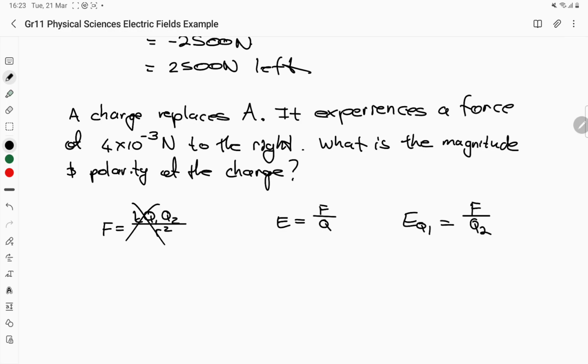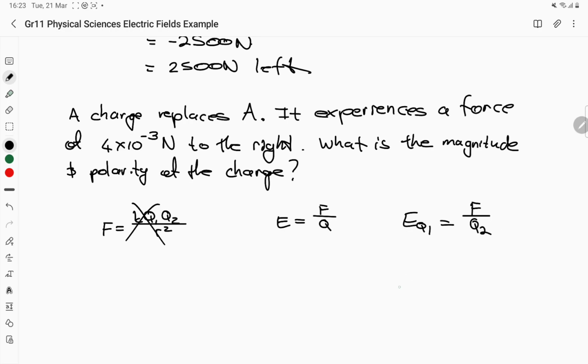So we have E equals F over Q, but remember, the electric field strength of a certain charge is equal to the force between them over the other charge's magnitude.